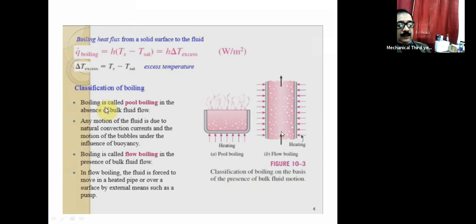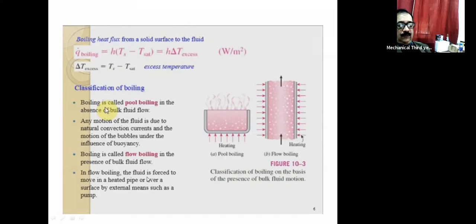So there is a fluid flow through the container, or say through the pipe here. When there is this movement in the fluid, we call it flow boiling. So that's the difference between pool boiling and flow boiling.